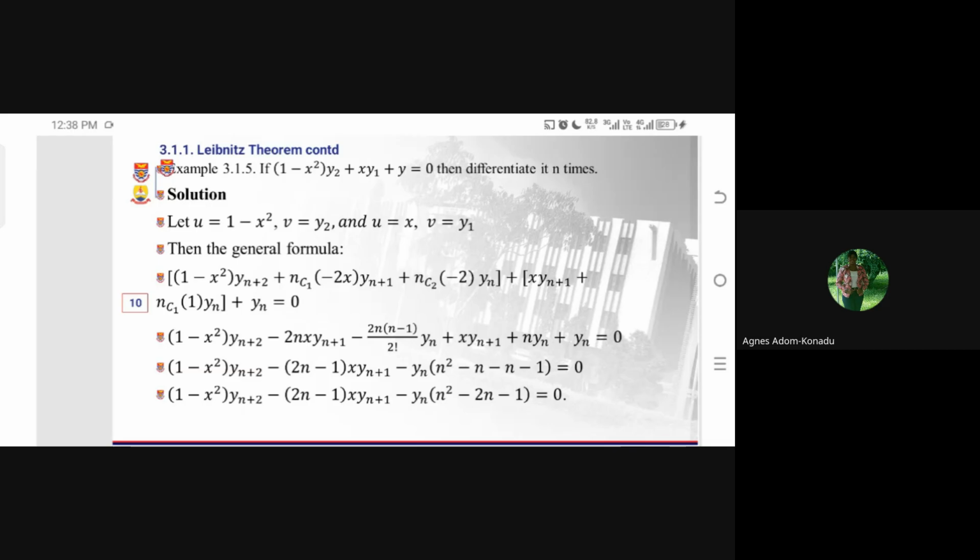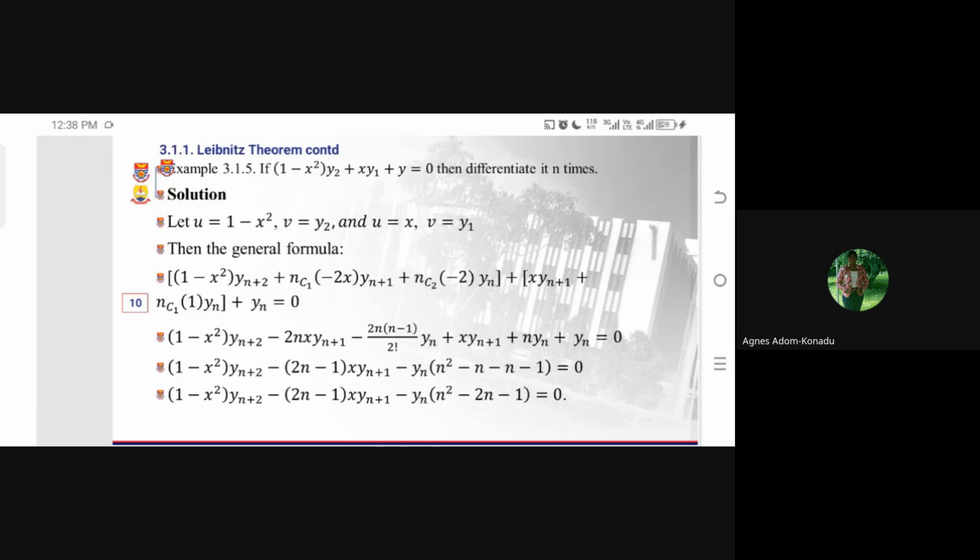Okay, so the question here, we want to find the nth derivative of this expression. You can see that we have three terms. The first term is (1 minus x squared) y subscript 2. The second term is x times y subscript 1. The third term is y.